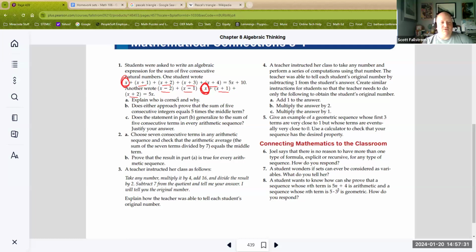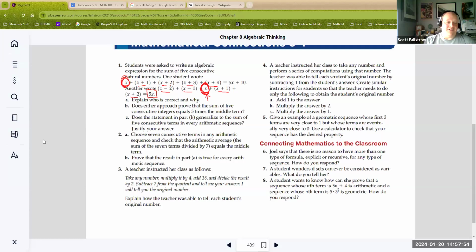Then it asks, explain who is correct and why. Does either approach prove the sum of 5 consecutive integers equals 5 times the middle term? Well, the second one here looks like I get 5x as my result. The middle term was x, so I really could make that connection here.